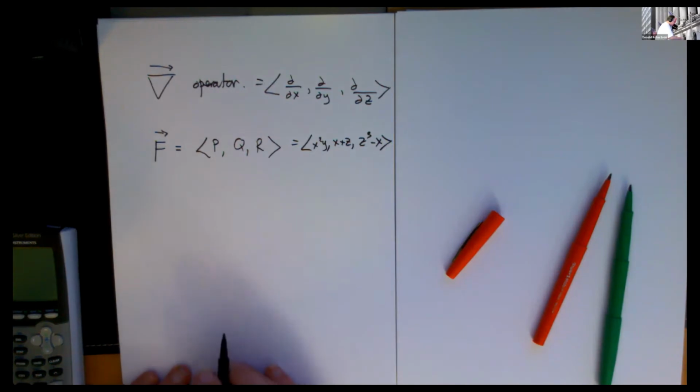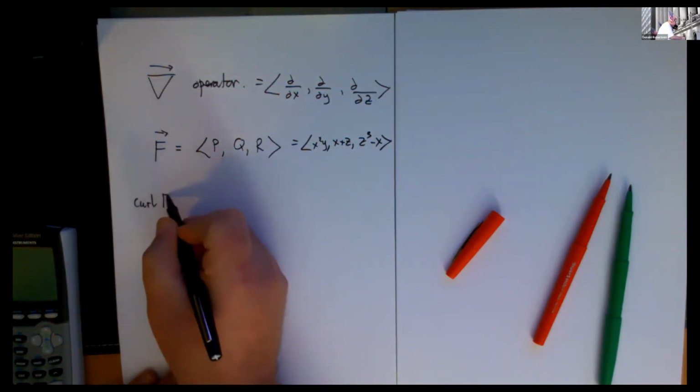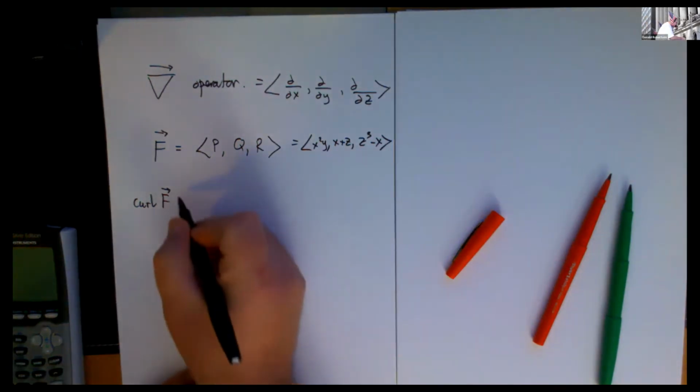So our first fella, what is the thing they call the curl of F? How are you going to represent that rotation? In a 2D world, the rotation is basically just going to be a scalar, but in 3D, it's going to be a vector. So let's see what we get.